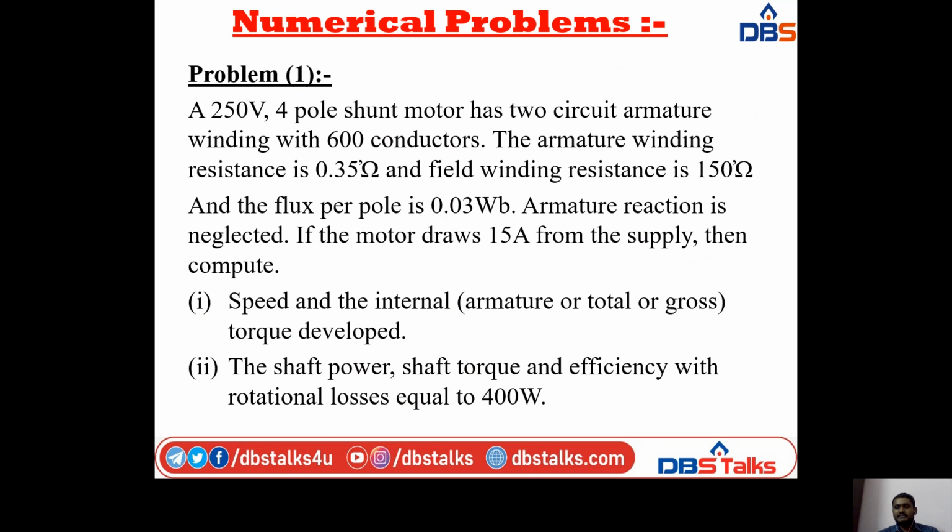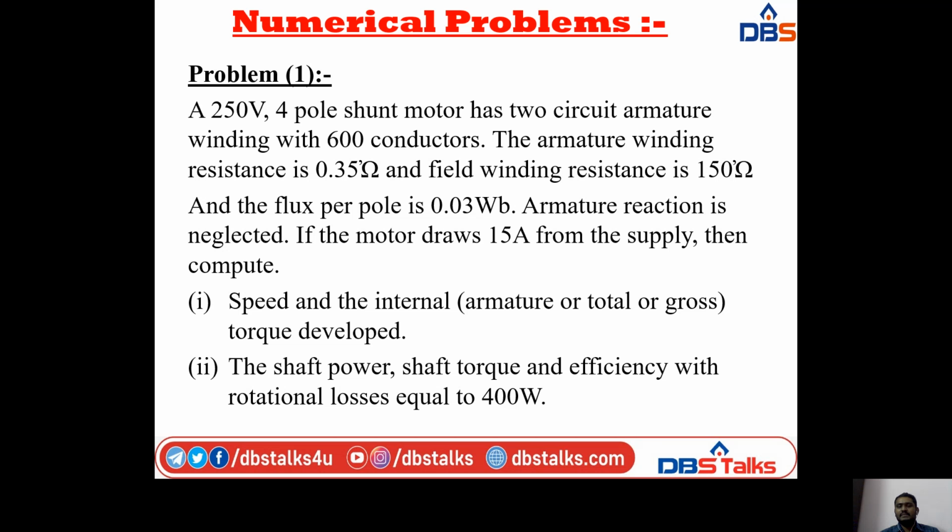In this section I will discuss numerical problems on losses of a DC machine and efficiency. First we will see the problem. Here they give that a 250 volts 4-pole shunt motor has a two circuit armature winding with 600 conductors.